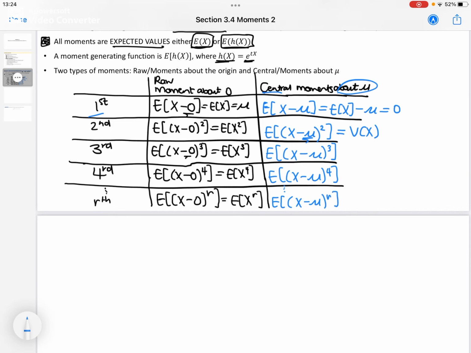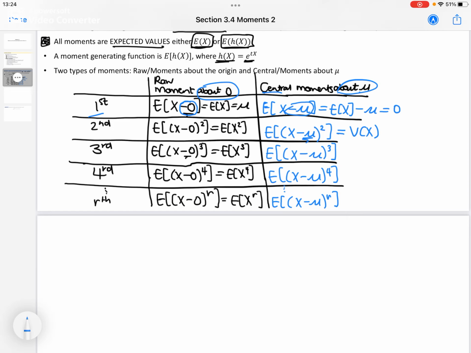Do you see the pattern? So if it's about 0, then you subtract 0, so it's x minus 0 for the first moment. And then if it's about mu, then you subtract the mu. All right. And it will be clear which moment you need to define.